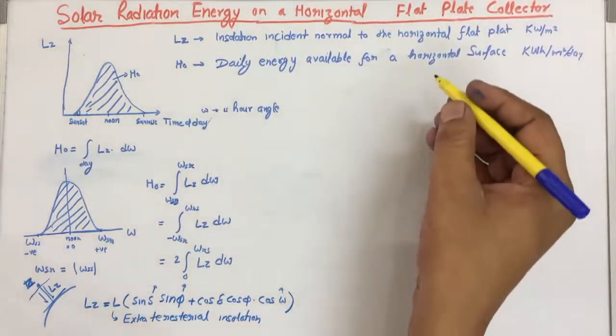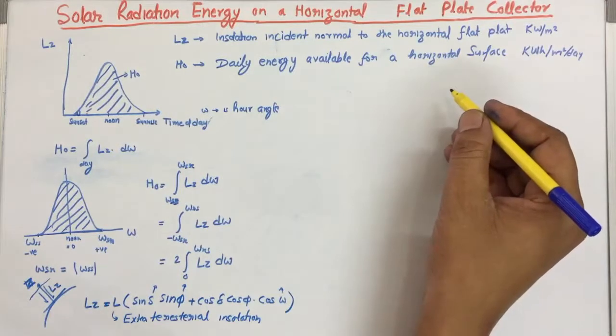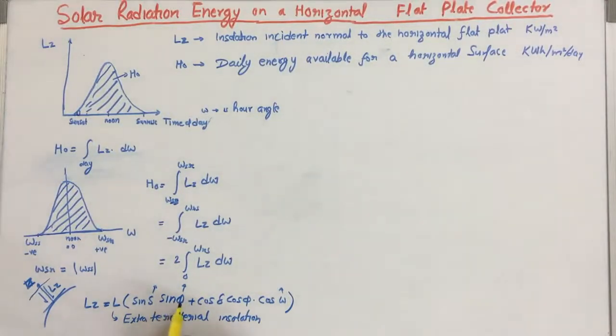So let us try to understand. The name of these two we have studied: latitude, declination, and hour angle, and this is the extraterrestrial insolation level. So at the Earth's surface, if we can receive this radiation that relates to these parameters.